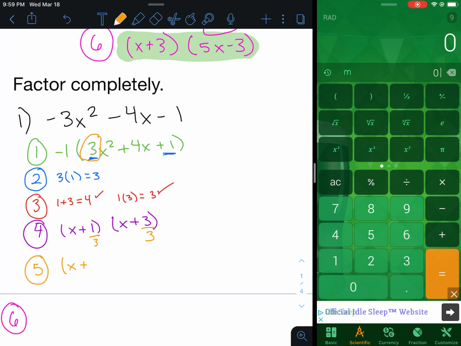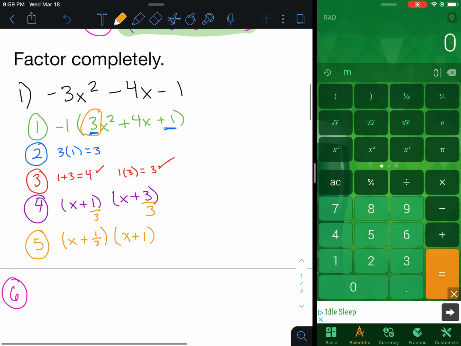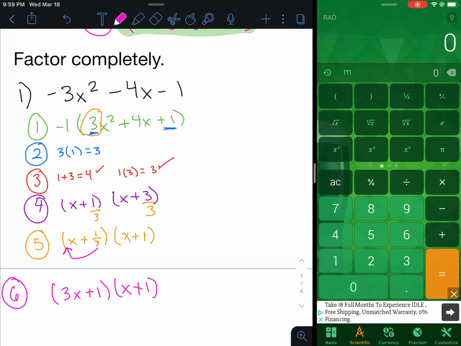So x plus 1/3 is just x plus 1/3. We can't reduce anything. But over here, x plus 3 divided by 3, well, 3 divided by 3 is 1. So it reduces to 1. Our last step here is to do the bottoms up. So we are going to bring that bottom up. There is no bottom in the second term, so it just remains as it is. So our final answer is 3x plus 1 times x plus 1.